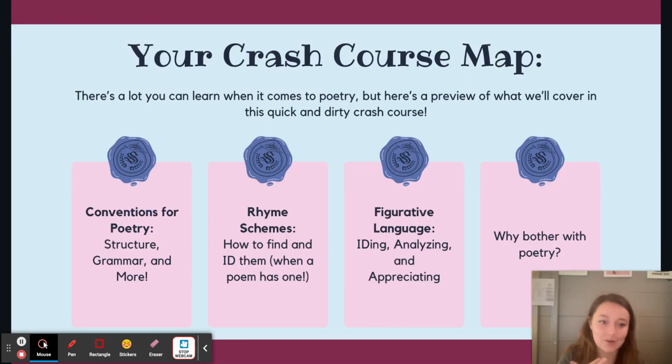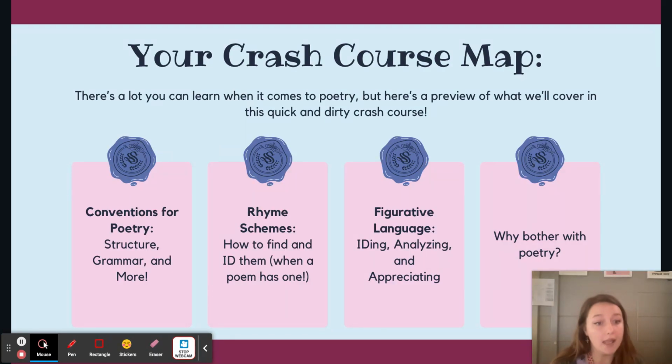So during this crash course, I'm going to try to keep it as brief as possible. No promises. But we're going to talk about the conventions of poetry, sort of the rules for what makes a poem, these ideas about what makes a poem that everyone's kind of agreed on. We're going to look at rhyme schemes, which is an important skill you need to have. So if you need extra practice, go to it.